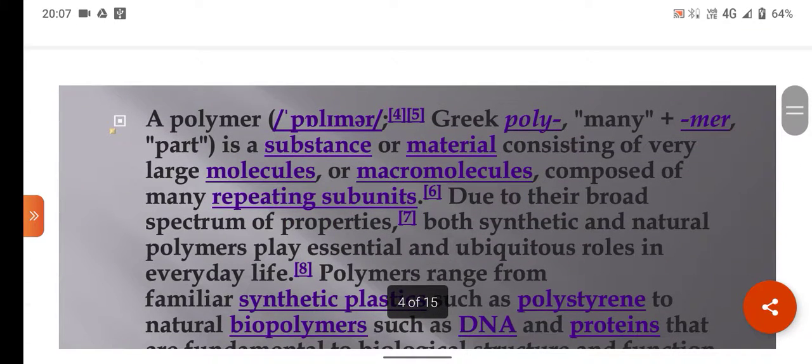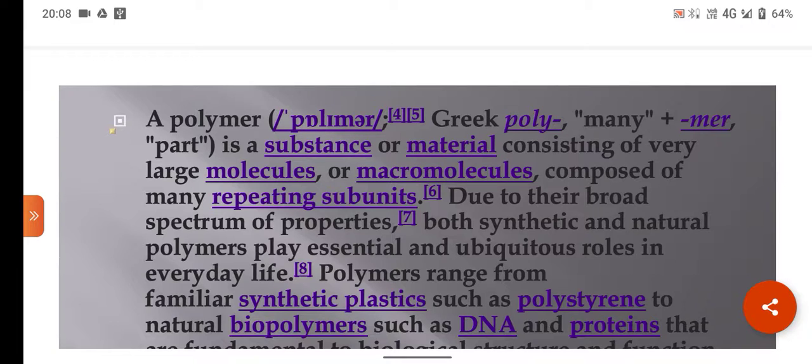A polymer is a substance or material consisting of very large molecules, or macromolecules, composed of many repeating subunits. Due to their broad spectrum of properties, both synthetic and natural polymers play essential and ubiquitous roles in everyday life.